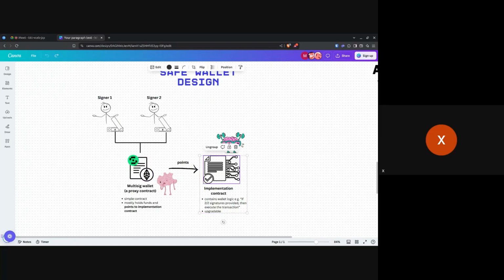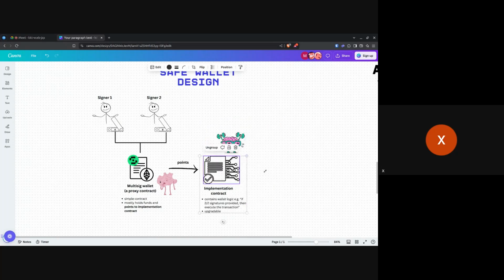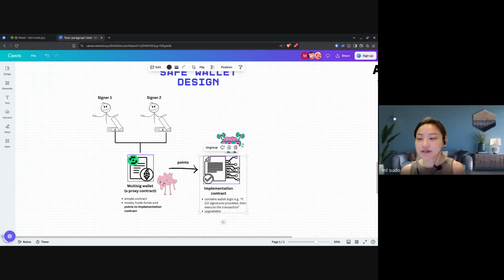And it's easy to know that all of the proxies are pointing at the same implementation. So you're saying, of the, I don't know, a couple 100,000 multi-sig wallets that exist, they all point to the same implementation contract.